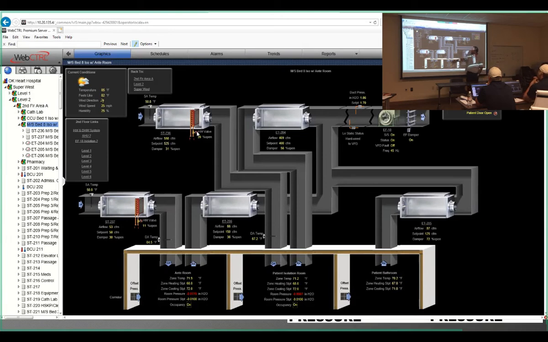And then these 2 exhaust terminals are controlling the actual room pressure. One is your ante-room, which is the .01 negative offset to the corridor, and then your actual patient room, which is negative .01 to the ante-room.